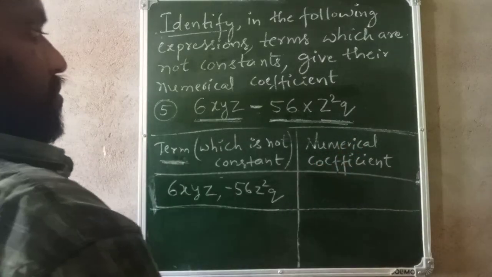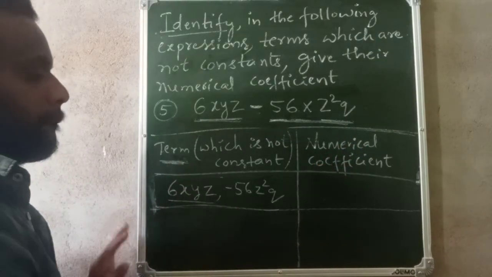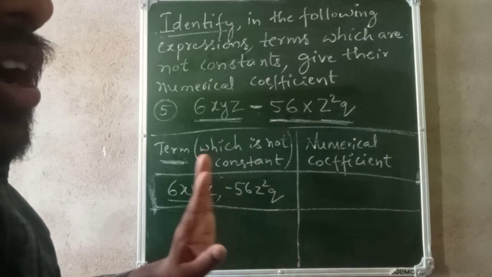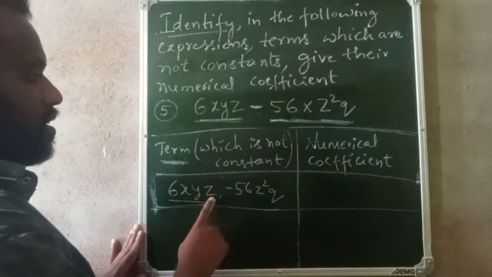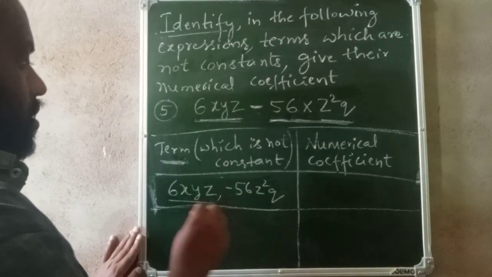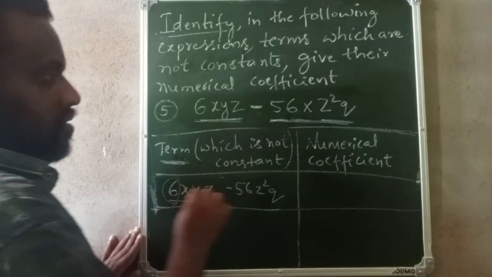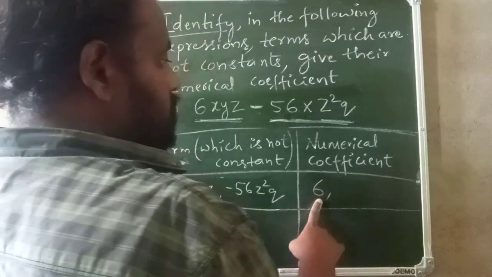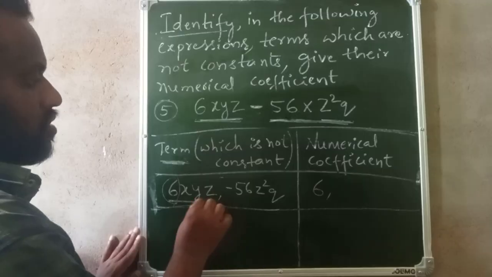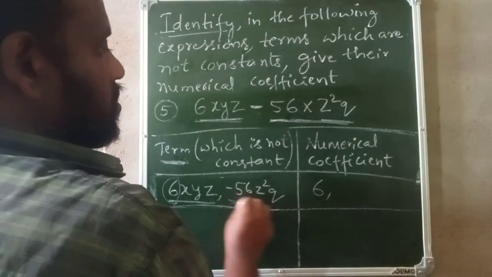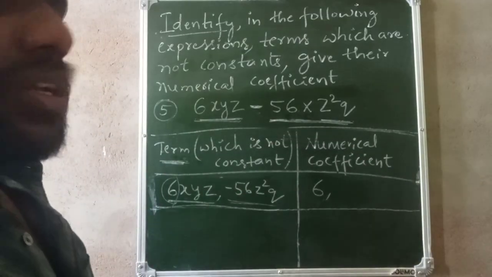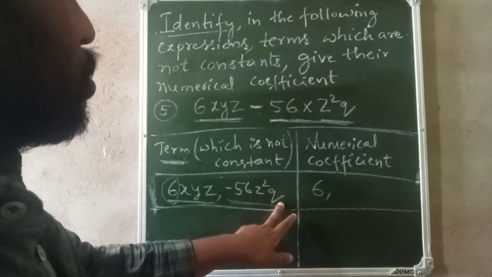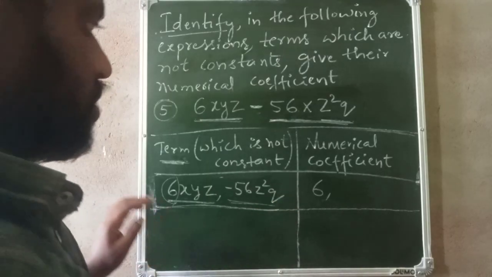Next, numerical coefficient. Consider this. The number present along with the variables x, y, z is the numerical coefficient. So that number is 6. So I will write 6. 6 is the numerical coefficient of this. Next, consider this. The number present along with the variables z square and q is the numerical coefficient.